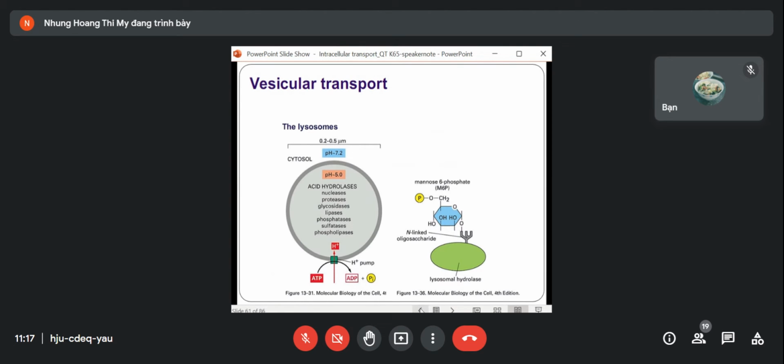So here is one example of the transport from the Golgi apparatus to the lysosome organelle.